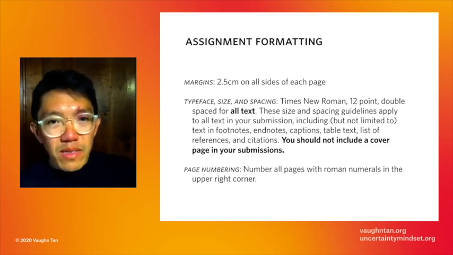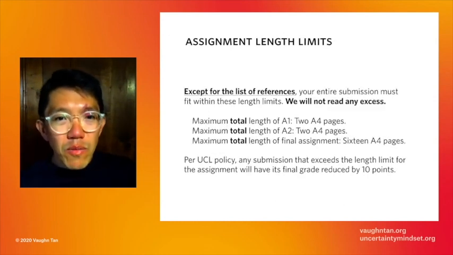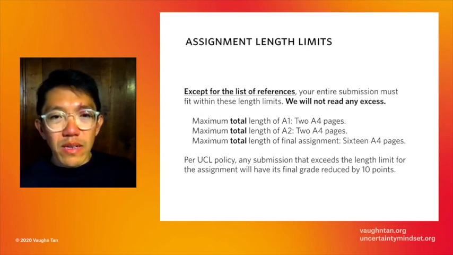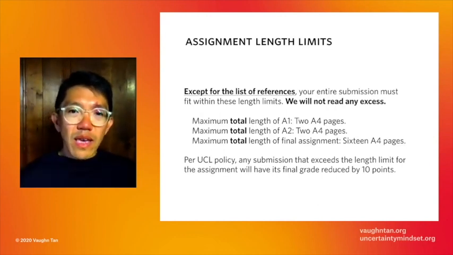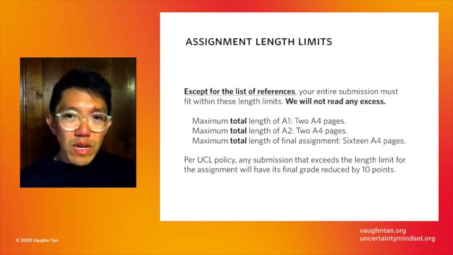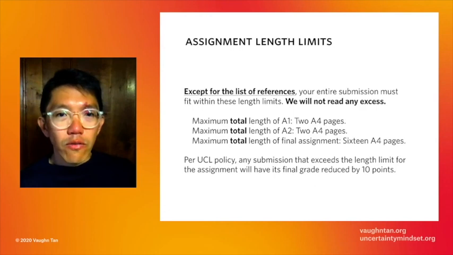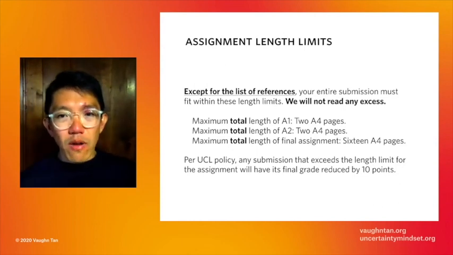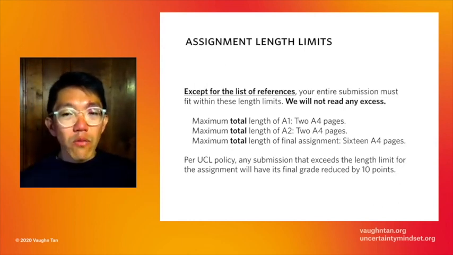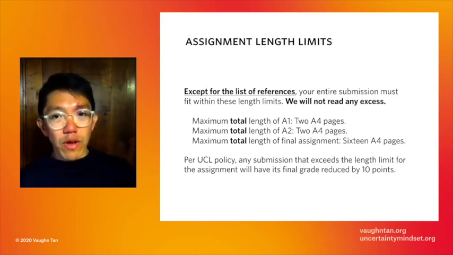On the length limits, your entire submission must fit within these length limits, except for the list of references. What this means is everything that we read, other than the list of references that you cite in your text, should fit in the length limit. We will not read any excess, and we won't grade it, which also means that if you have any excess text that we don't read, we won't understand maybe the rest of your work.